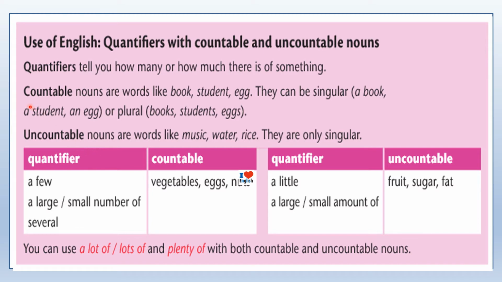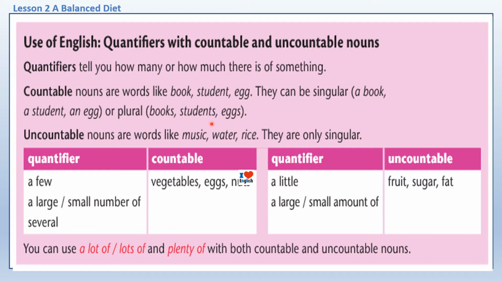First, let's differentiate between countable nouns and uncountable nouns. Countable nouns are words like book, student, egg. They can be singular and also they can be plural. Singular like a book, a student, an egg, or plural like books, students, eggs.